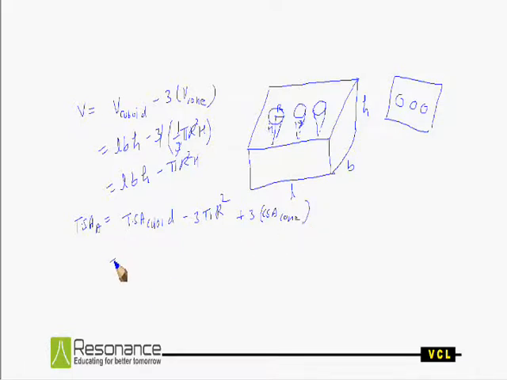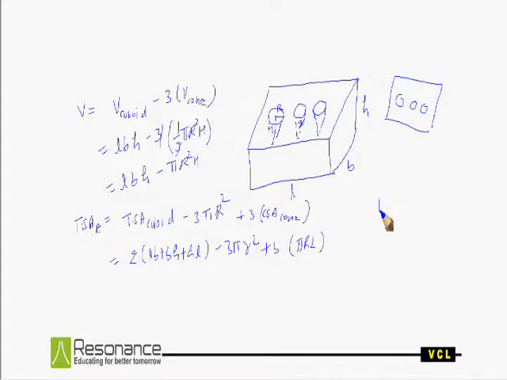So the total surface area of the solid is twice LB plus BH plus HL minus 3 pi R square plus 3 times the curved surface area of the cone, that is pi capital R and capital L.